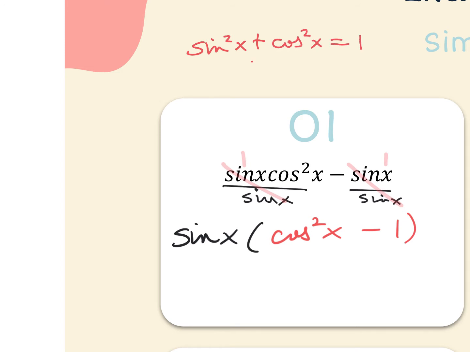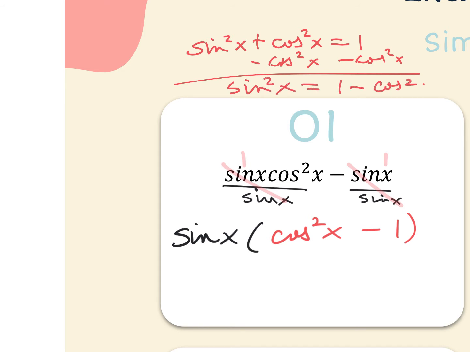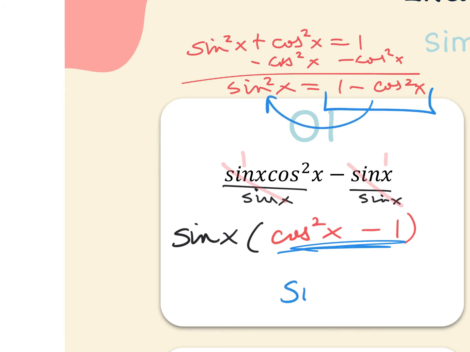If I solve this for sine by subtracting cosine squared x, I get 1 minus cosine squared x. This is what I'm going to substitute. Notice that's what's here. So I'm going to replace and put in its place sine squared x.